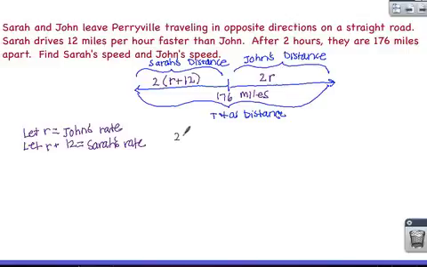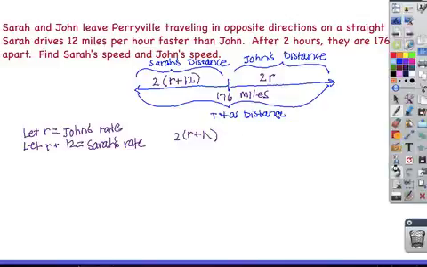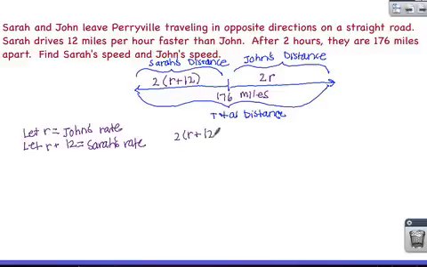Now we set up our equation. 2 times r plus 12, plus 2r equals 176.